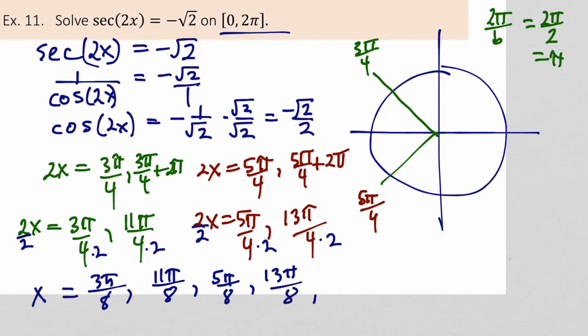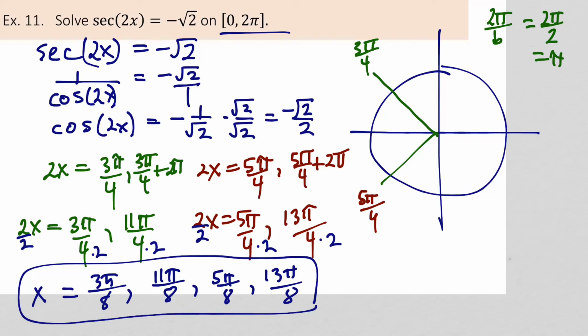So I've got 4 angles between 0 and 2 pi that are going to have a secant equal to negative root 2. And the reason I have 4 and not just 2 is because my period is only pi. So I'm going to hit them twice and then twice again. So 4 solutions to this equation.